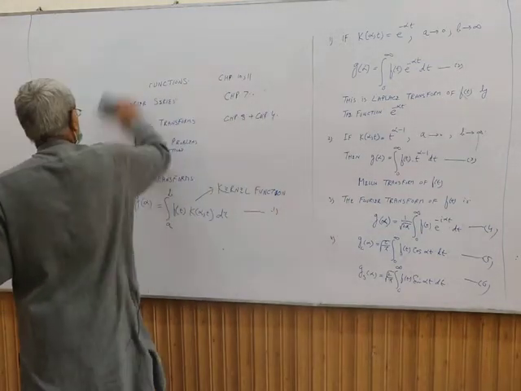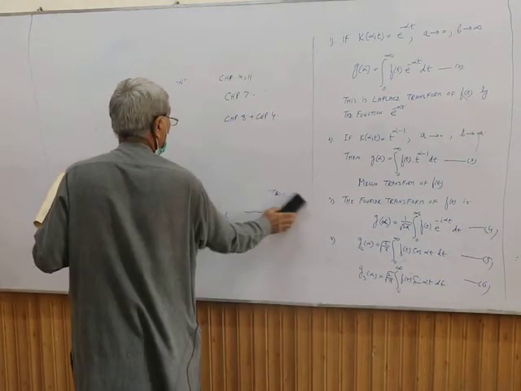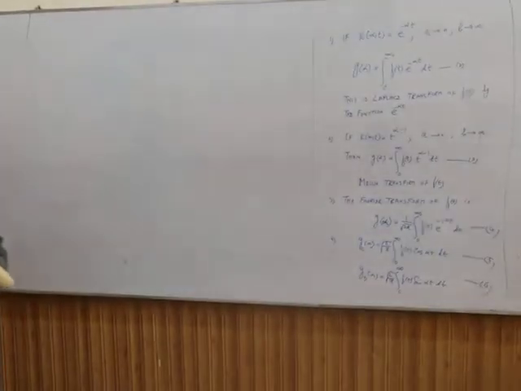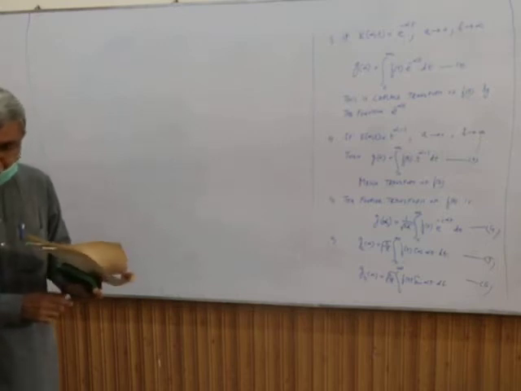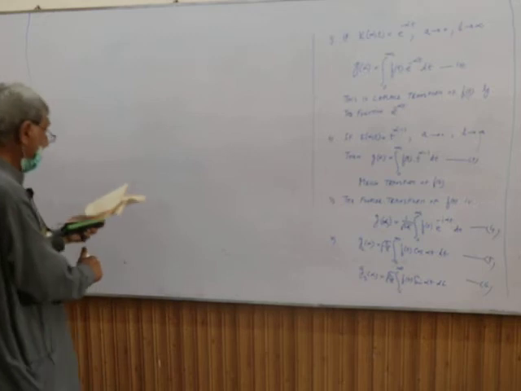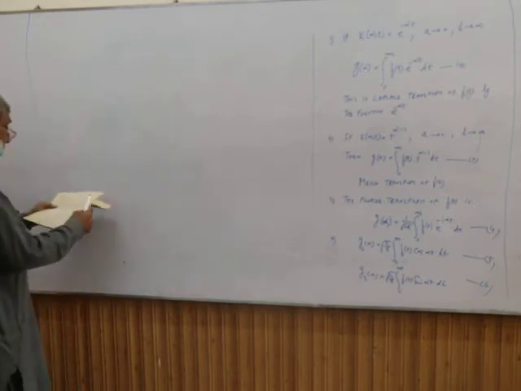Now let me write something here, because now we are going to discuss in detail the Fourier transformation. And I told you that Fourier transformation is given by equation number 4.